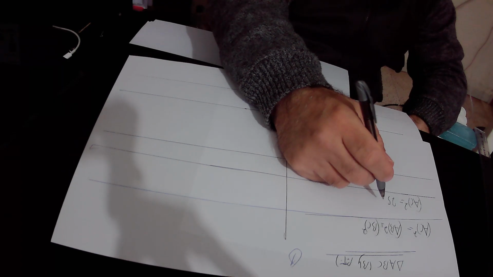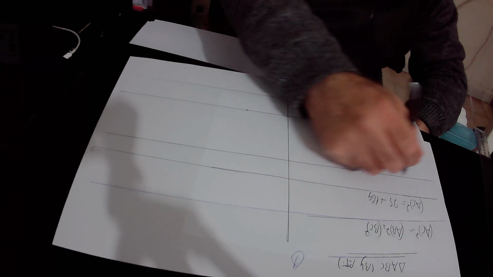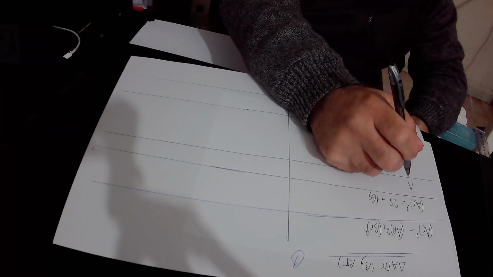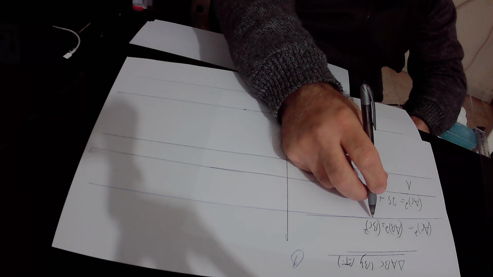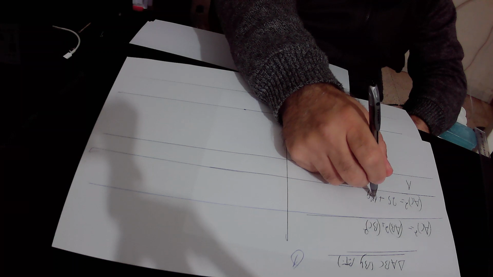BC is 12, therefore BC squared is 12 squared, that is 144.